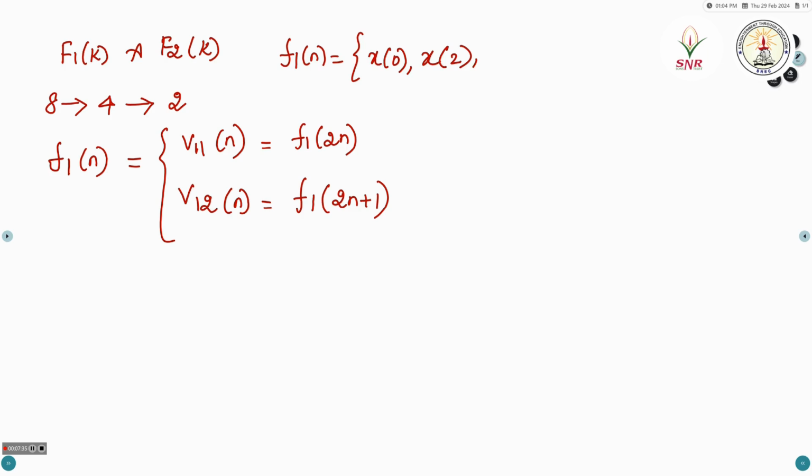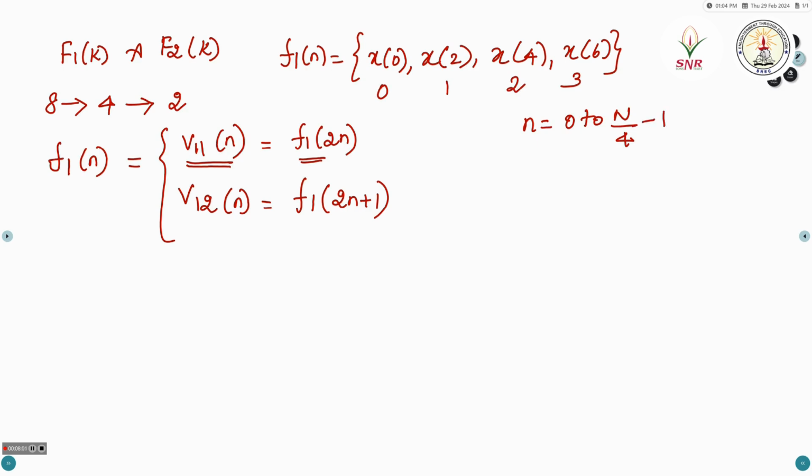So we know that f1 of n is equal to x of 0, x of 2, x of 4 and x of 6. So this represents my 0 place, this represents my 1 place, this represents my 2 place and this represents my 3 place. Again here v11 of n is equal to f1 of 2n for n varies from 0 to n by 4 minus 1.